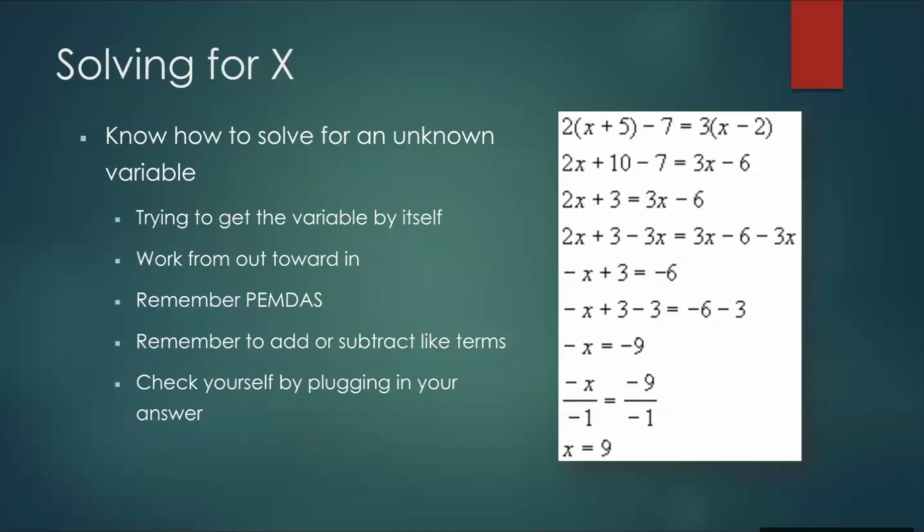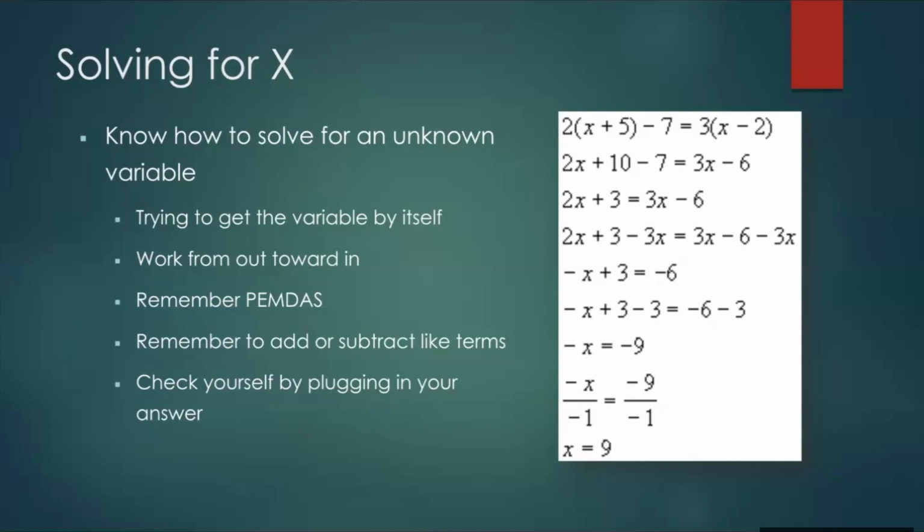On the fourth line, we are combining our like terms that include variables. What we did in this case is subtract 3x from both the left and right sides. On the right, that gives us 3x minus 6 minus 3x. On the left, it gives us 2x plus 3 minus 3x. Because we have two terms with x's in them, we can combine 2x and negative 3x to give us negative x.